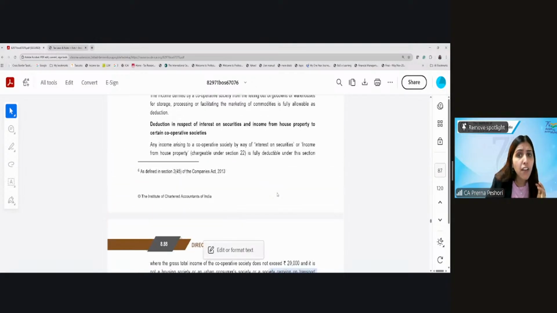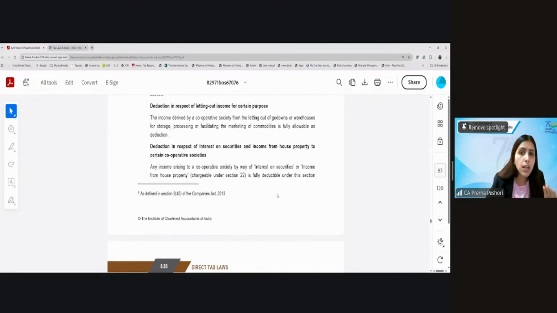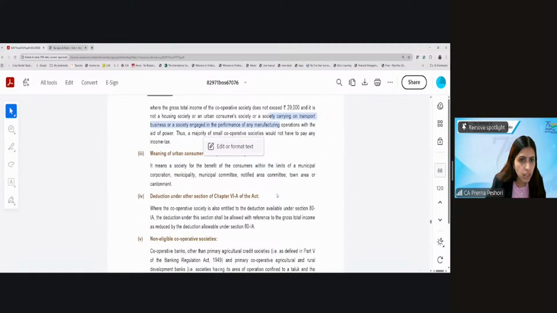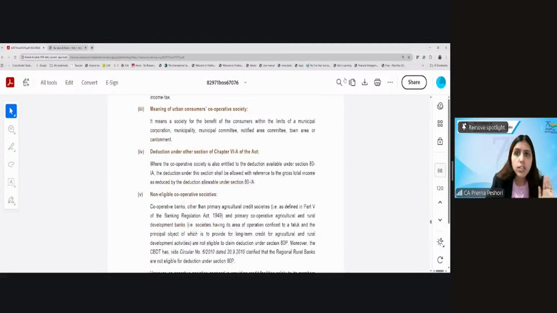Then if they have income from interest on securities or income from house property, that will be deductible under 80P. So basically all small societies. Okay. So this is a deduction available only in respect of the cooperative society.